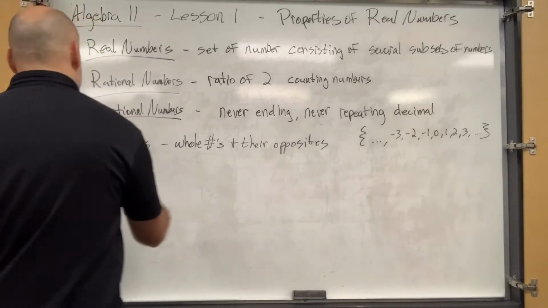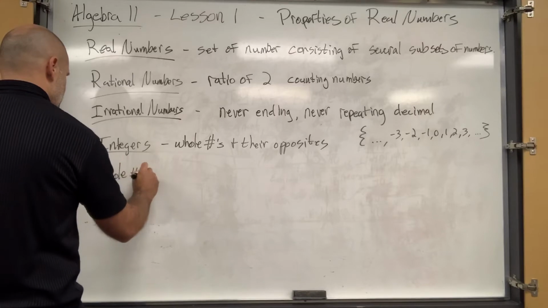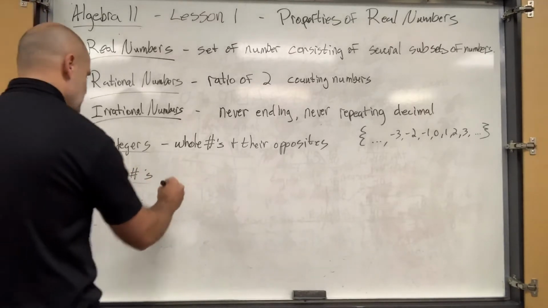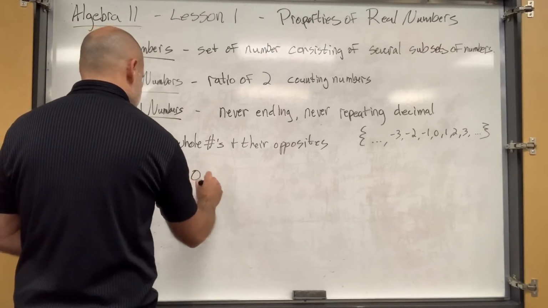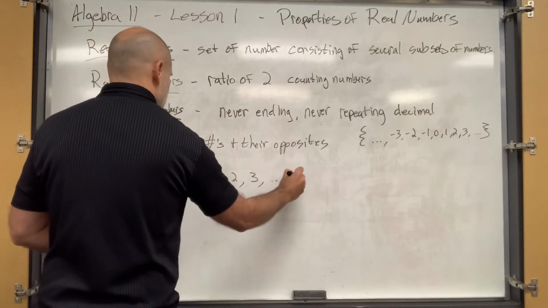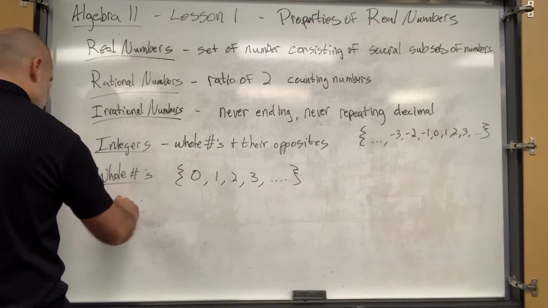Okay, then after integers, you got whole numbers. Basically, those are positive integers, but with zeros. So 0 is not positive or negative, it's just 0. And then the next one down is natural numbers.